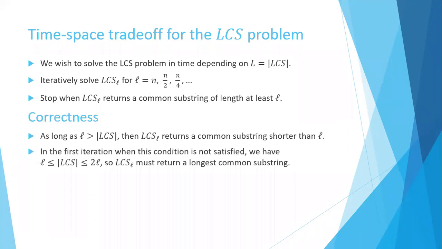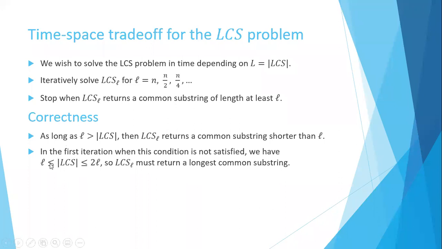The idea is that when we stop, then the real LCS will be between L and 2L. And then LCS_L must return a longest common substring, some substring that has the length of the real LCS.